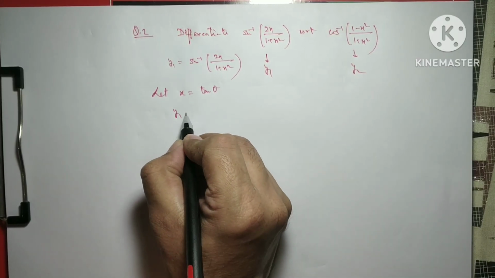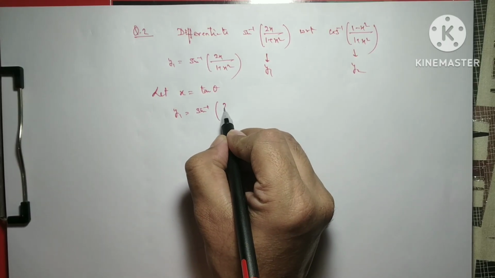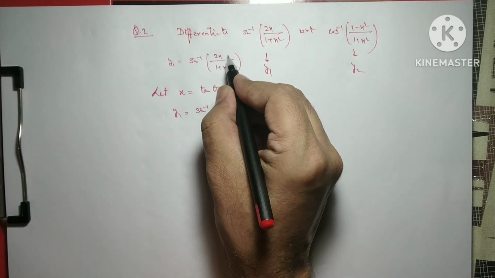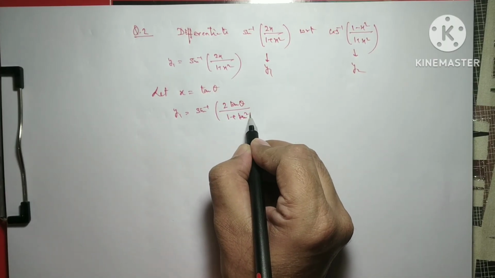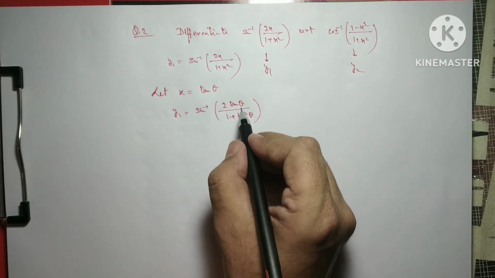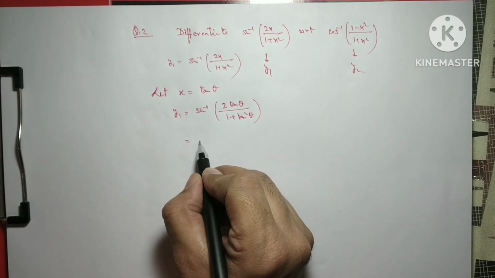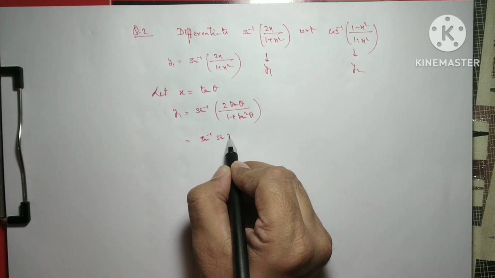So y1 is sine inverse 2 tan theta. Put the value of x in this expression, 1 plus tan square theta. Okay, so this is the formula of sine 2 theta in terms of tan. So it is sine inverse sine 2 theta.